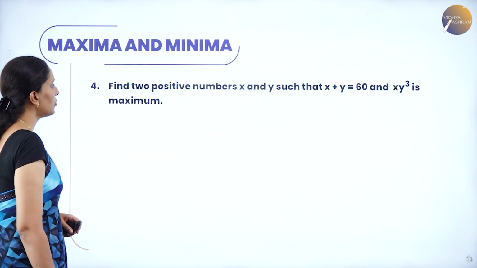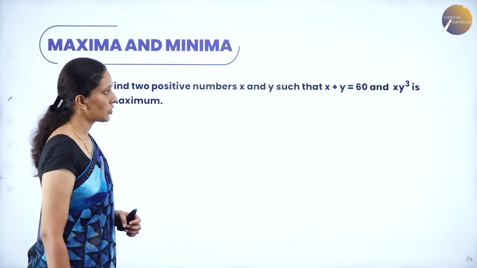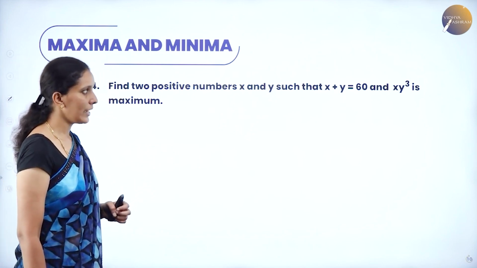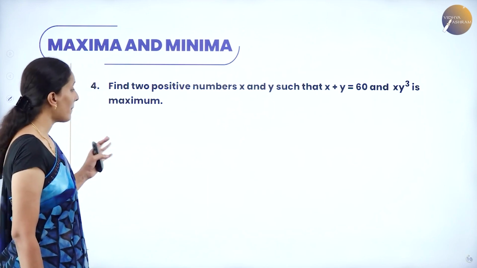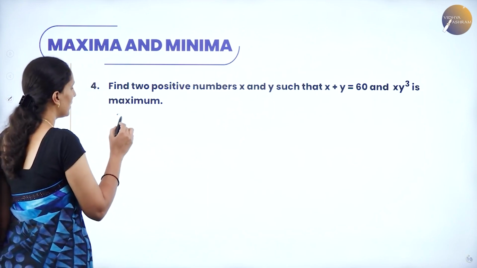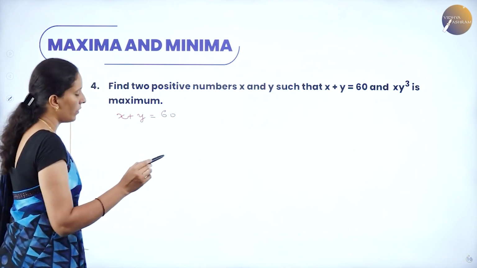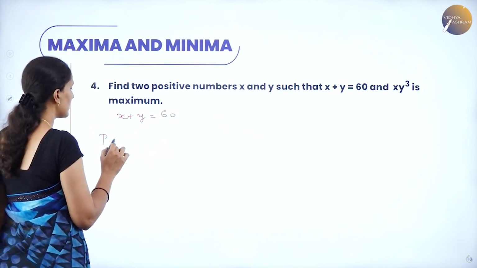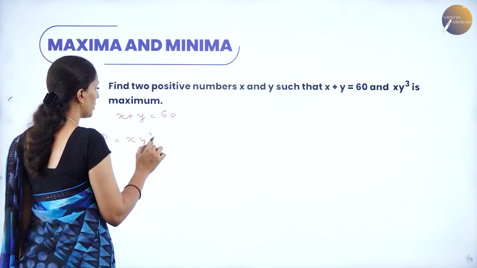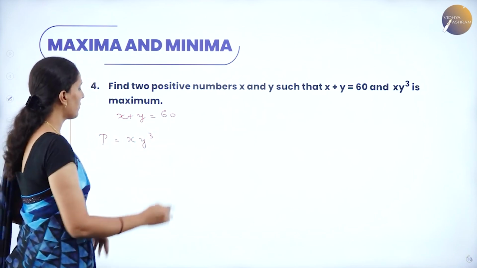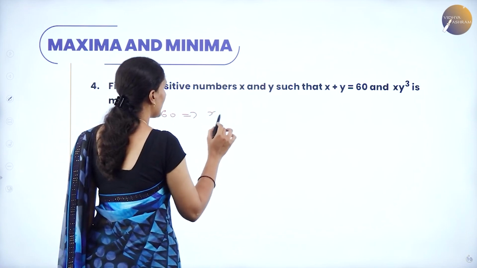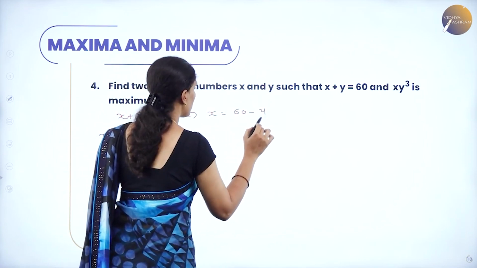Next, find two positive numbers x and y such that x plus y is equal to 60 and x y cube is maximum. So, given that x plus y is equal to 60, let me take P is equal to x y cube here. From this, let me take x is equal to 60 minus y.